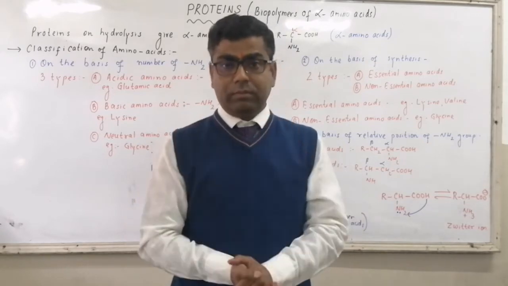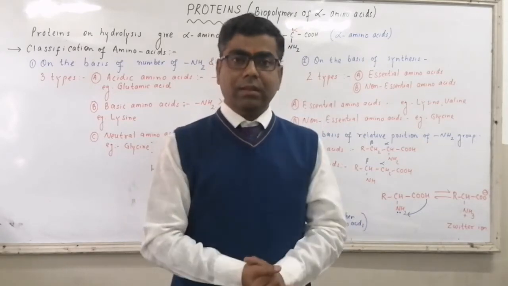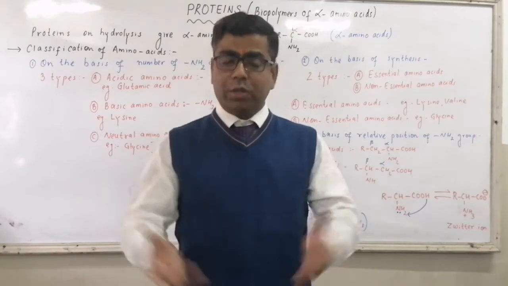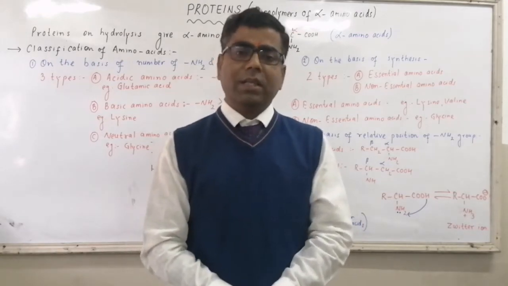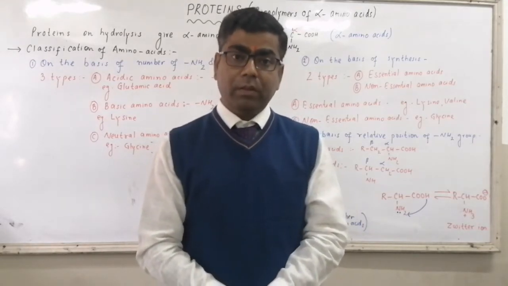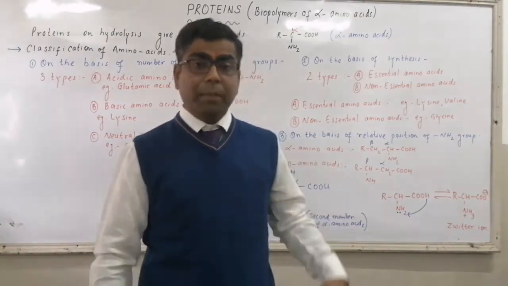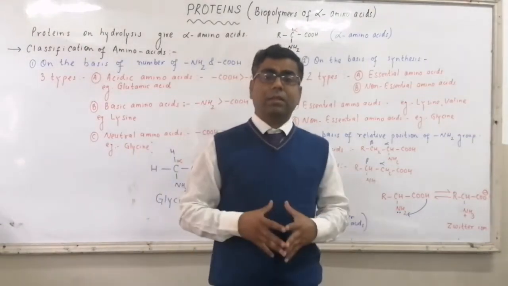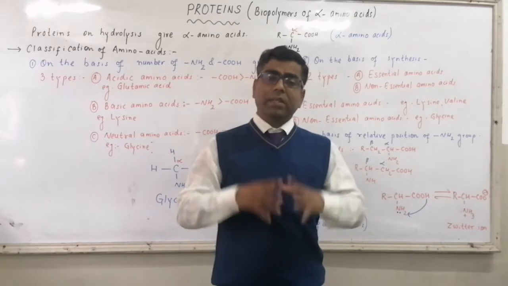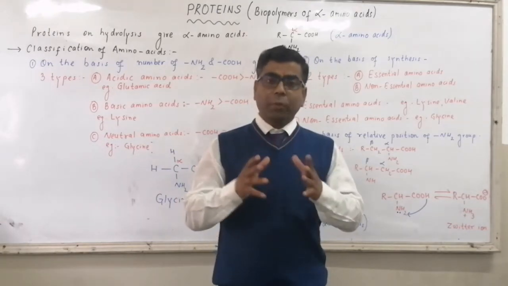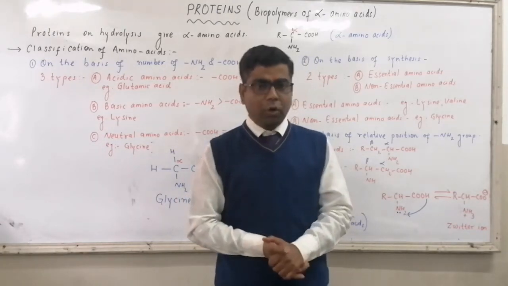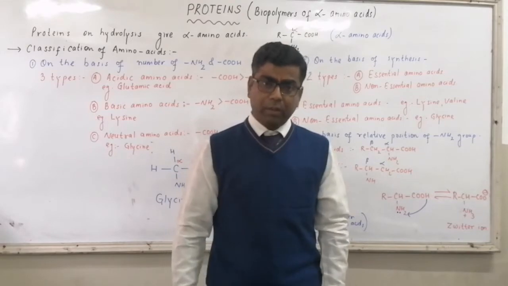That's why the name is like that. Amino stands for NH2 group and acid stands for C double bond OH group. So these are the monomers which contain carboxylic acid group as well as amino group, that is your NH2 group.